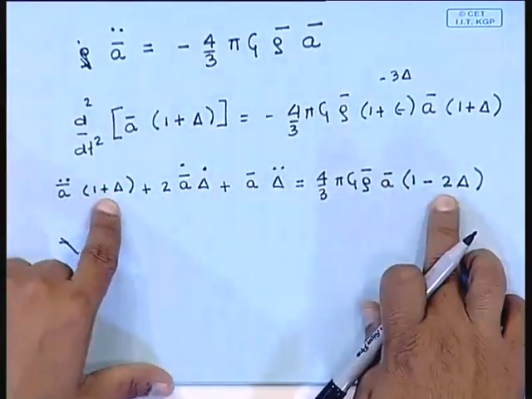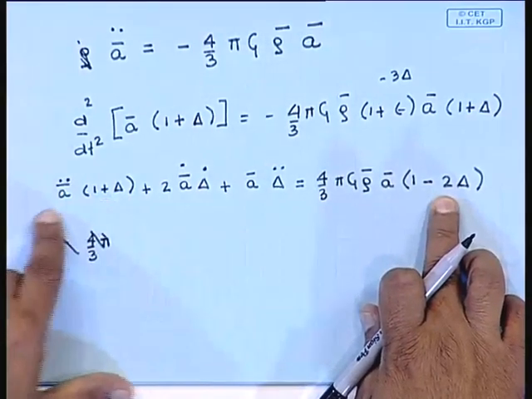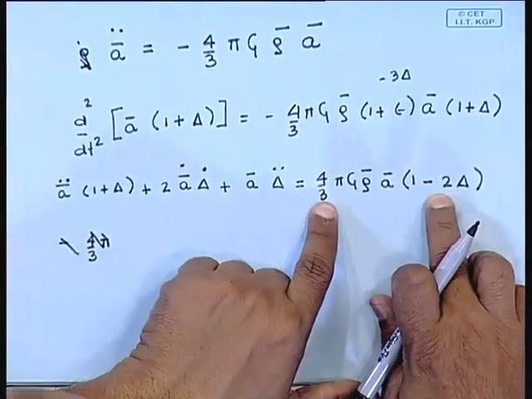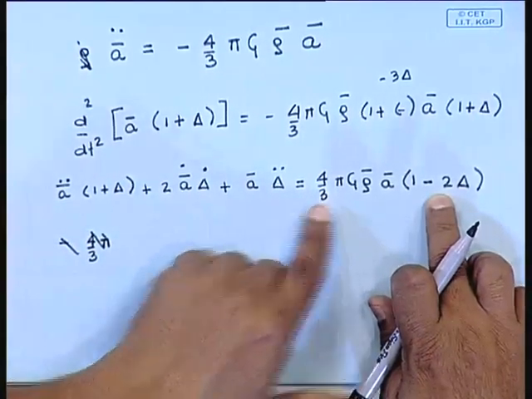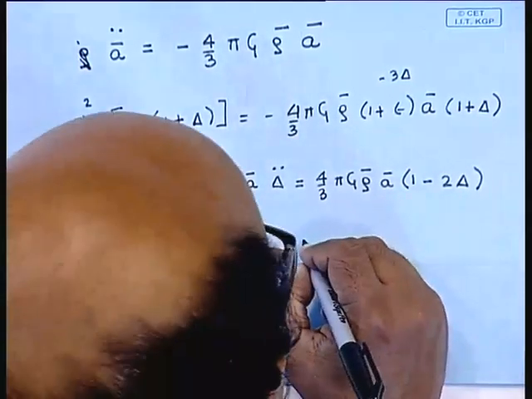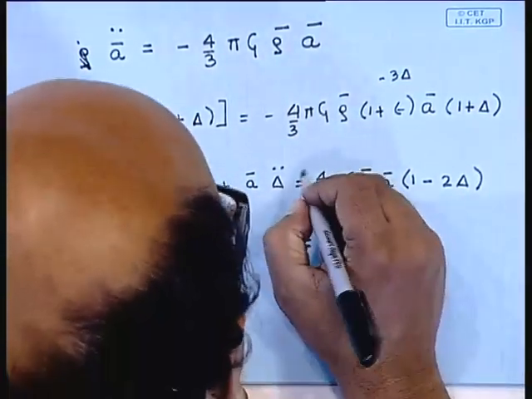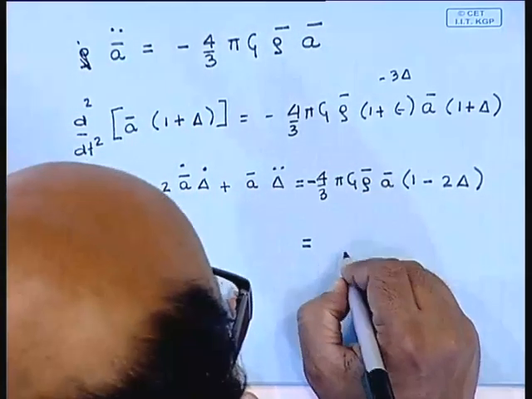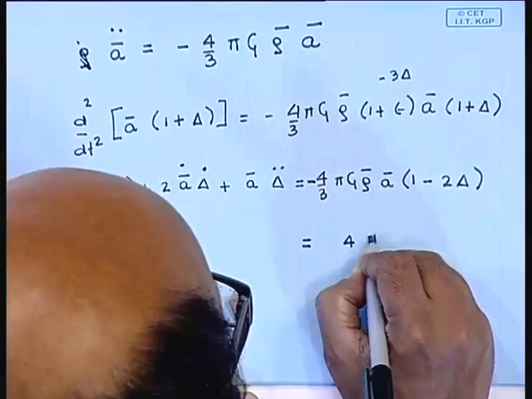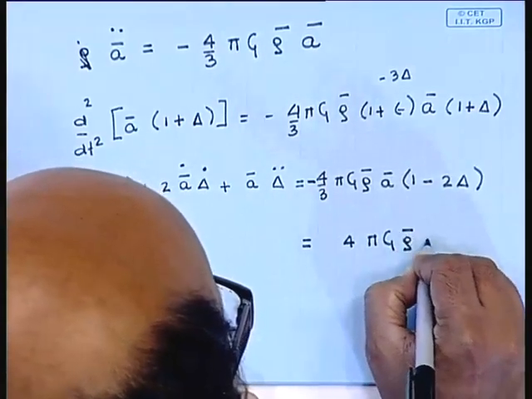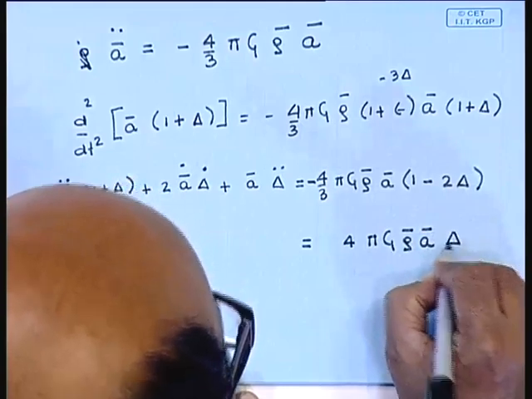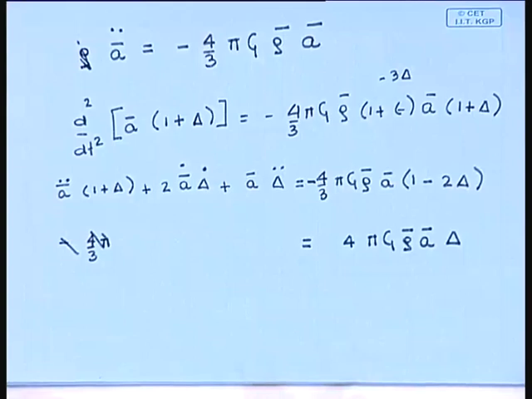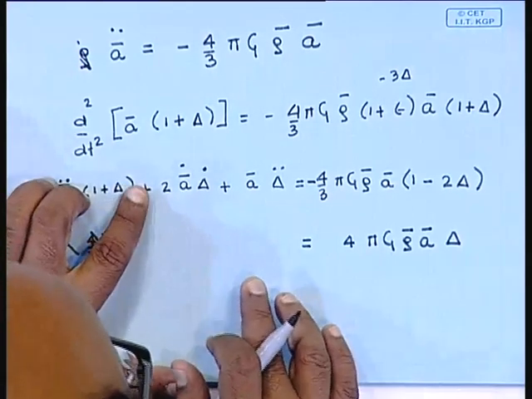If I take this onto the right hand side, this will become minus 3 delta, and this minus 3 will cancel out with this. So what I will get on the right hand side is 4 pi G rho bar A bar delta. That takes care of this term.